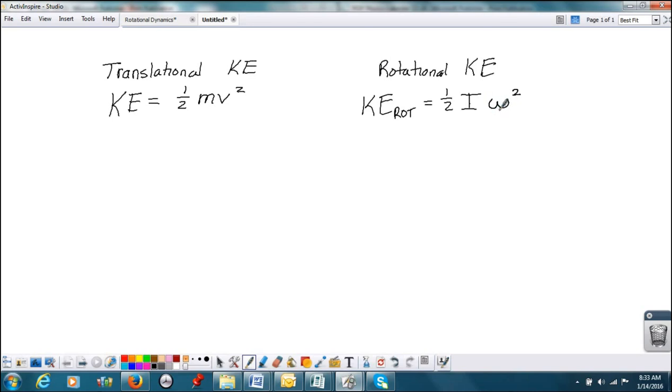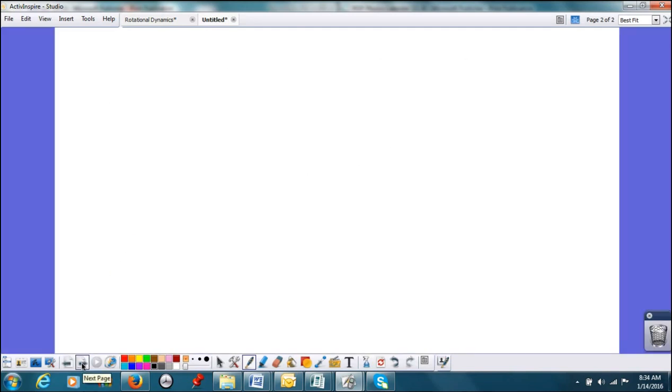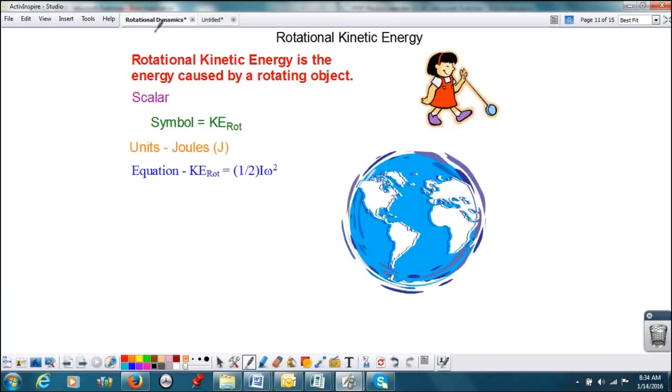And when we substitute in order to get our kinetic energy to be in joules, we need to make sure that we use some base units: radians, seconds, meters, kilograms. So let's go ahead and just take a look at our notes page here. Rotational kinetic energy is the energy caused by a rotating object.